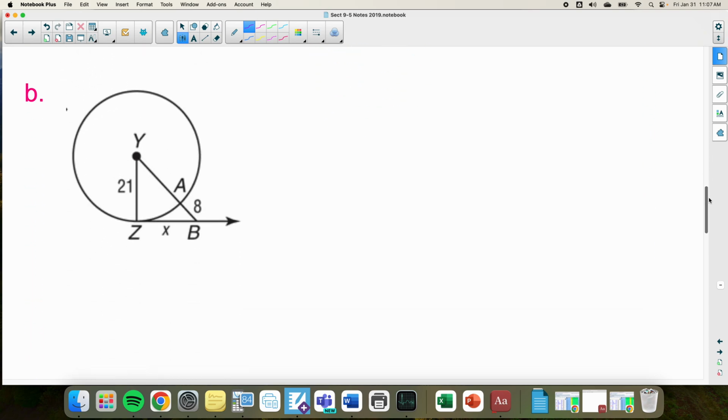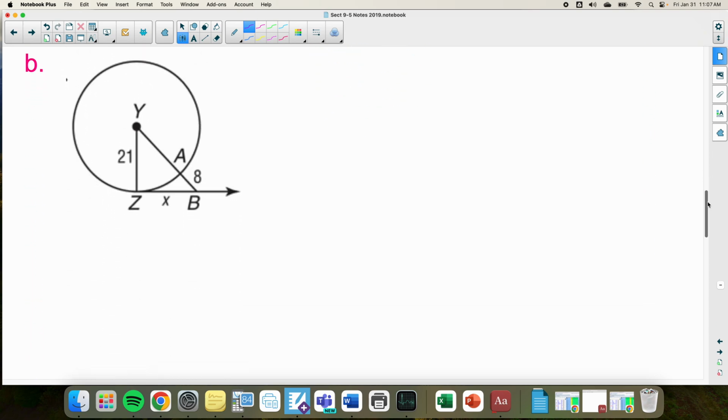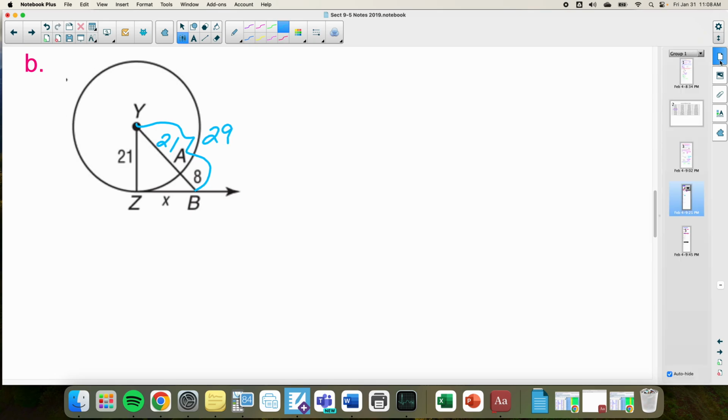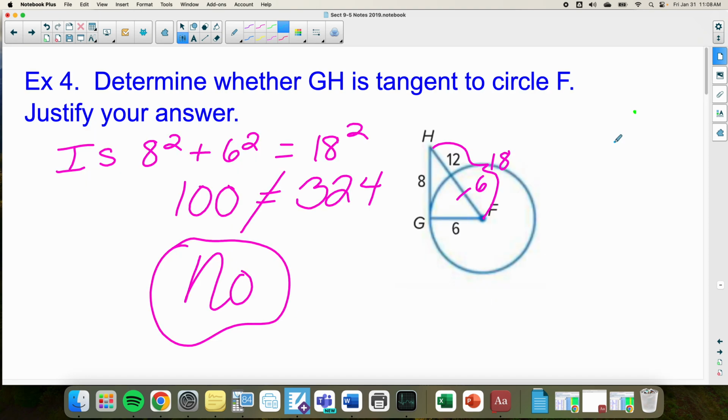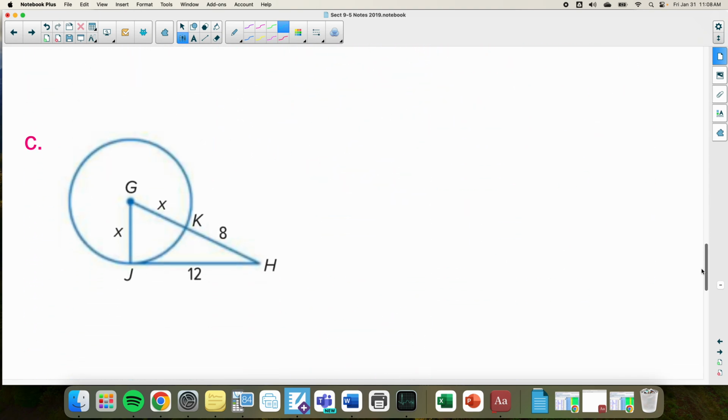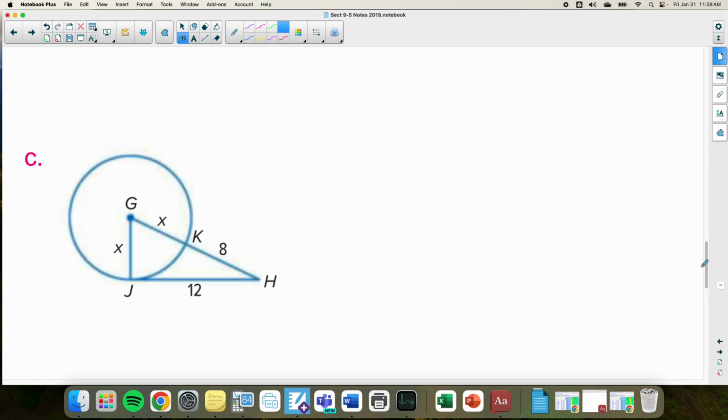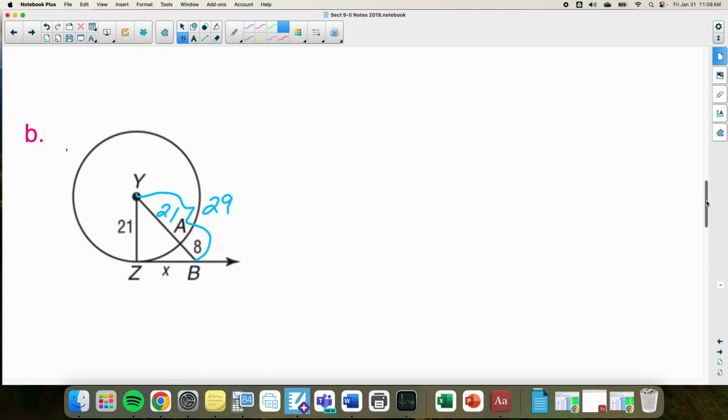If I look at this one, do we think that 8 is that whole hypotenuse? No. So what would this be? 21. So that would make this 29. Now we're gonna have to use the Pythagorean theorem.